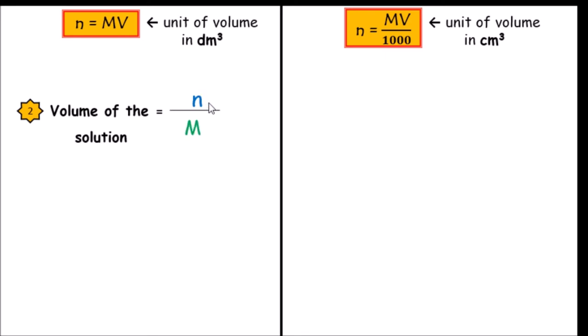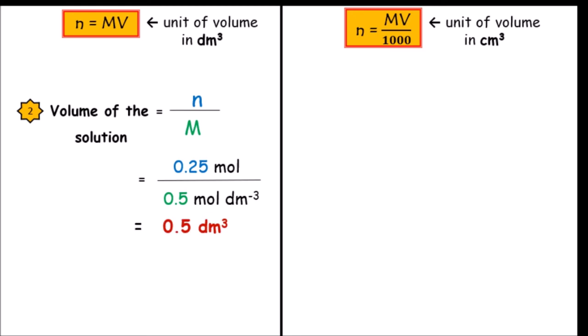So the number of mole you have is 0.25 mole, and the molarity you have is 0.5 mole per dm cube. So try to calculate it. 0.25 divided by 0.5. Can you get the answer? Okay, good job. The answer is 0.5 dm cube.